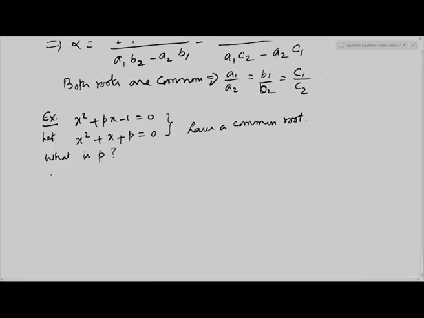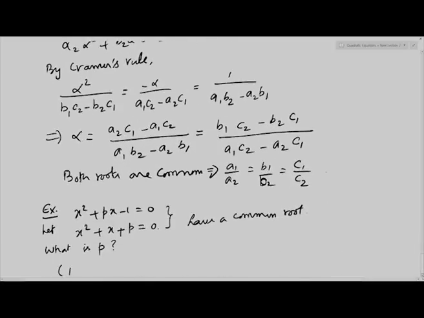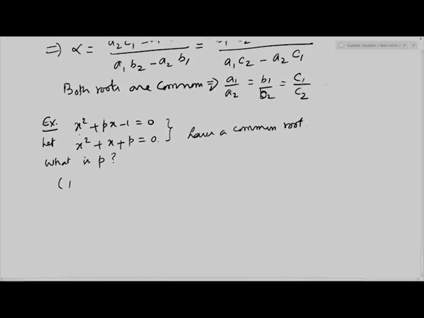If these two have a common root, what is the value of p? By using this condition, we can see that (1 plus p) whole square is equal to (1 minus p) into (p square plus 1), minus p into (p square plus 1).